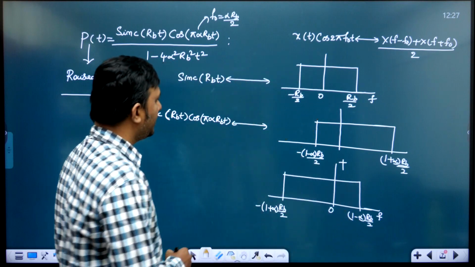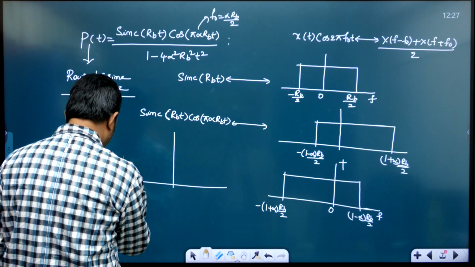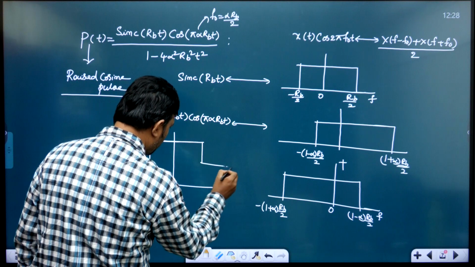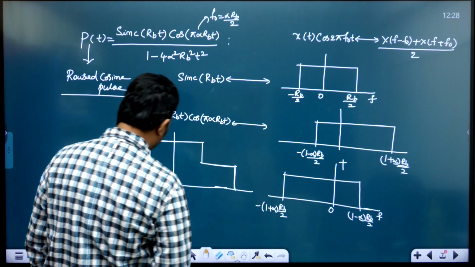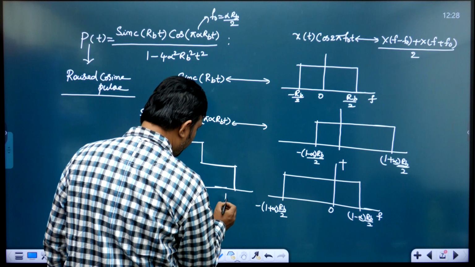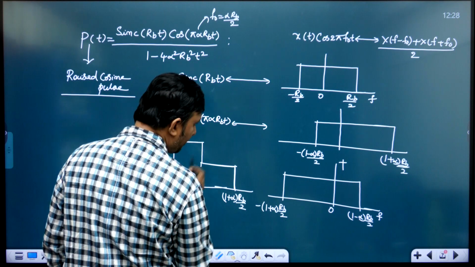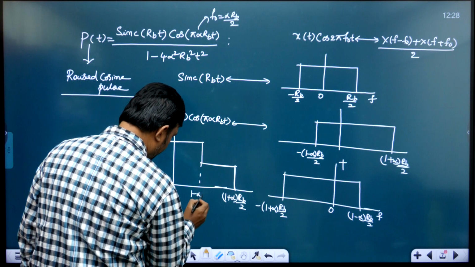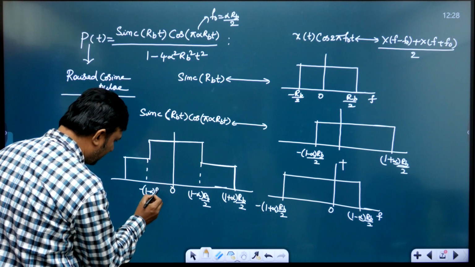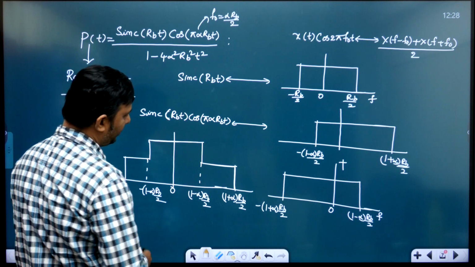What will happen if I add these two? I am going to get this kind of shape, with 0 here, then 1 plus alpha into RB by 2, 1 minus alpha into RB by 2, minus of 1 minus alpha into RB by 2, and minus of 1 plus alpha into RB by 2. This is what I am going to get.